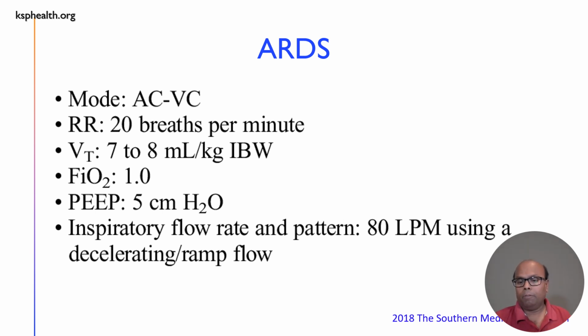The PEEP, again, start with 5, and you have to go up, especially when you are dealing with acute hypoxemic respiratory failure, to keep the PEEP optimal, between the lower inflection point and the upper inflection point, midpoint, on the flow volume curve. Sorry, the pressure volume curve. Inspiratory flow rate in adults is 80 liters per minute using a decelerating ramp flow.